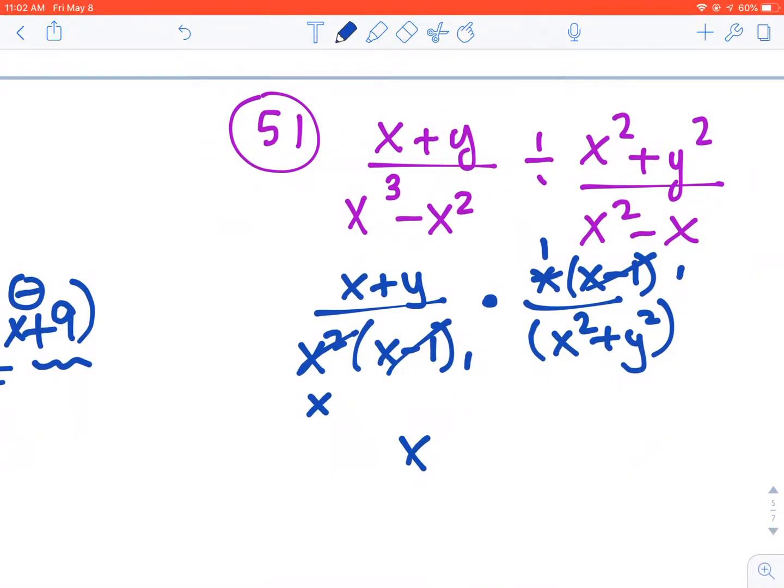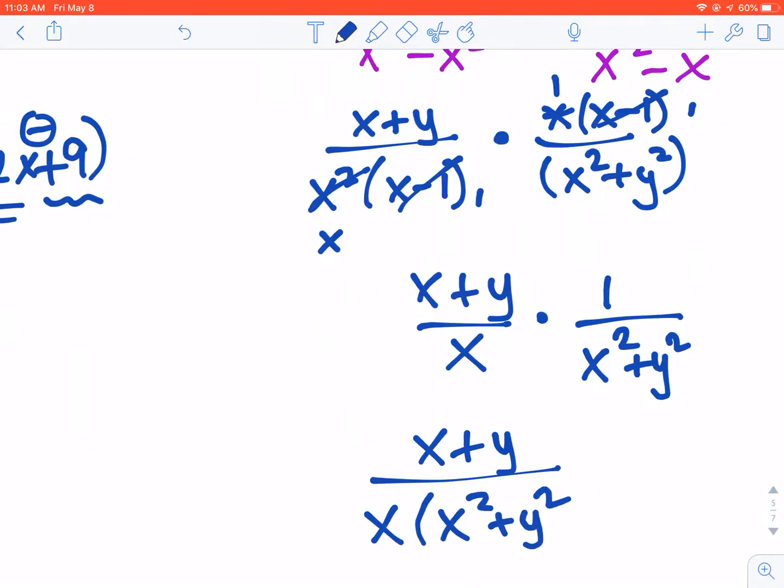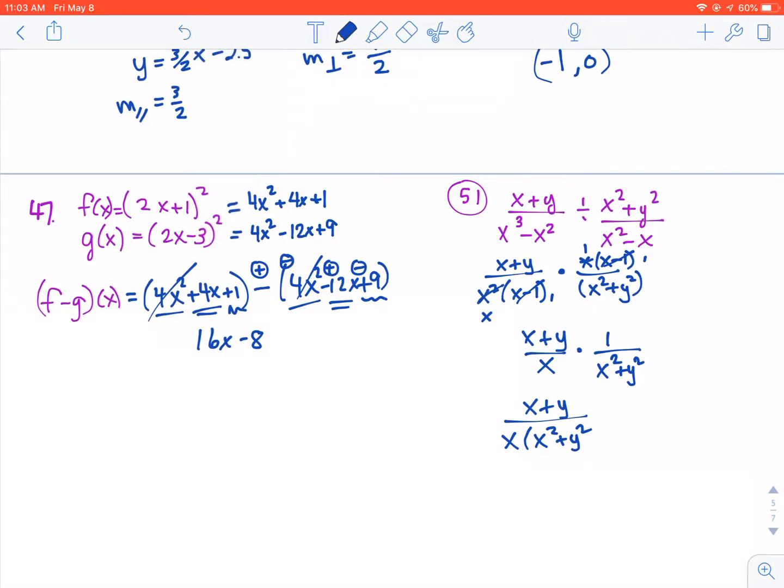So I have x plus y over x times 1 over x squared plus y squared. So I now put them together, and I have x plus y over x squared plus y squared. Okay? So no factoring can happen there.